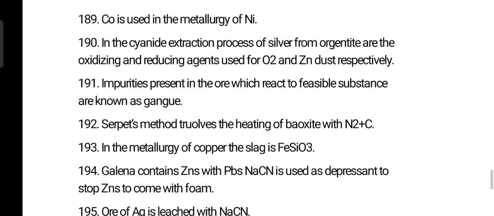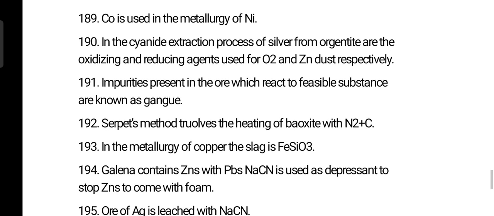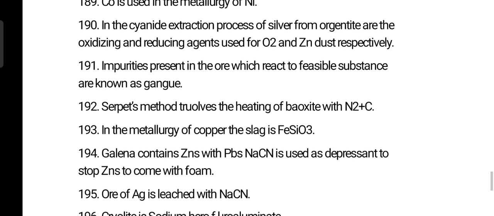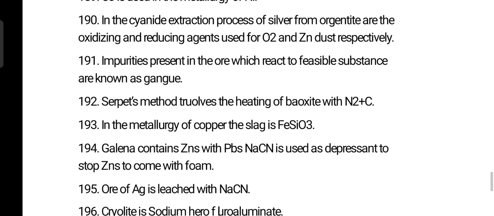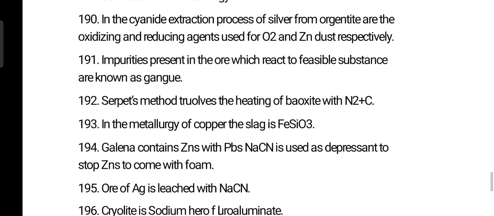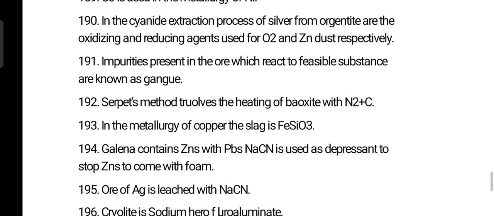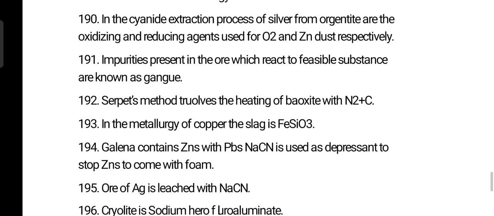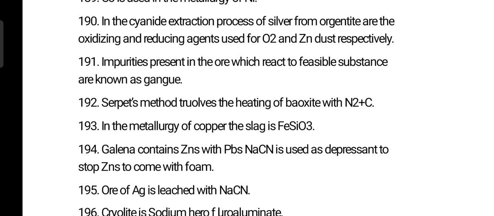In the cyanide extraction process of silver from argentite, the oxidizing and reducing agents used are O2 and Zn dust respectively.